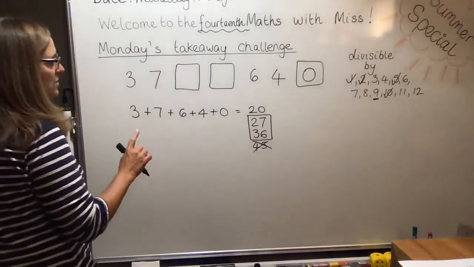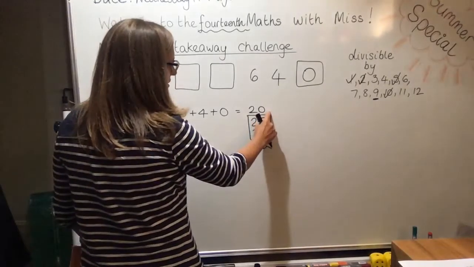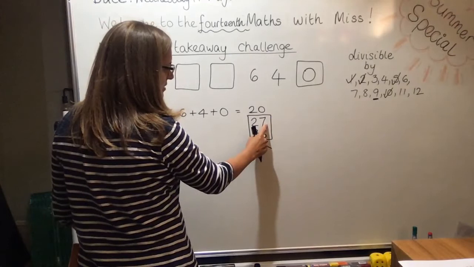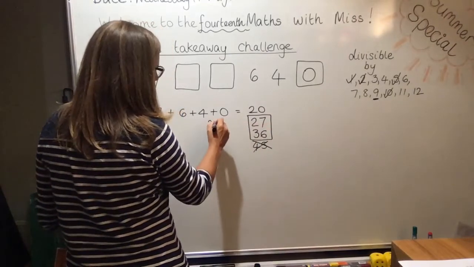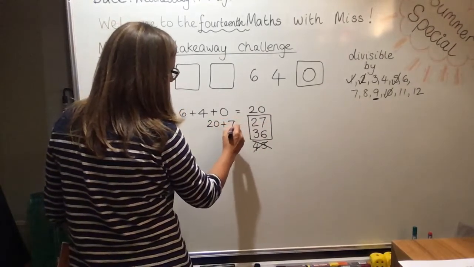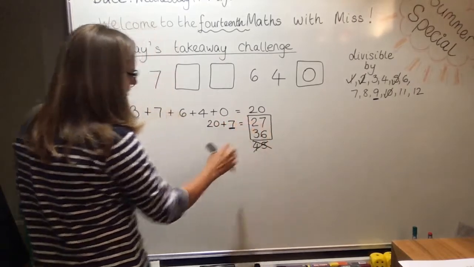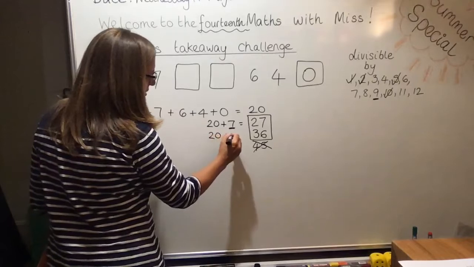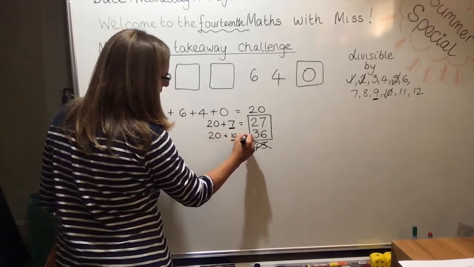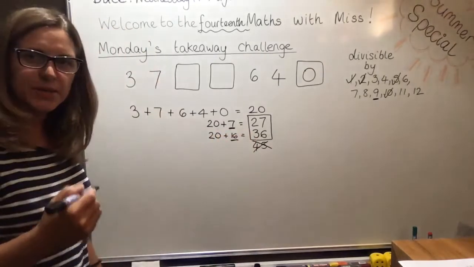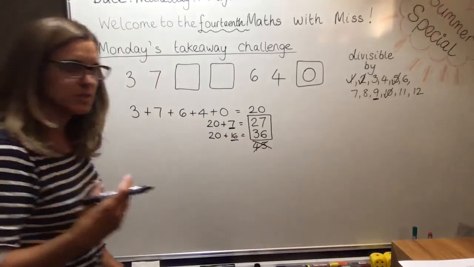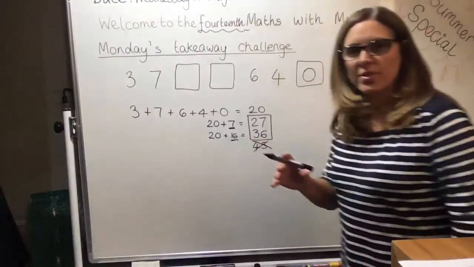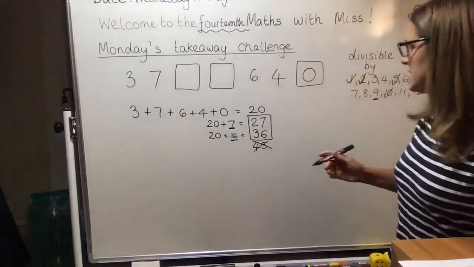So to this 20, we've got to either add 7 to get to 27, or we've got to add 16. It's going to take a little bit of time, and you're going to have to bear with me on this, and I'll fast forward it a little bit if I can.